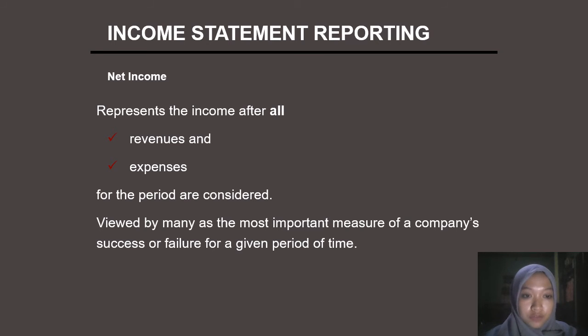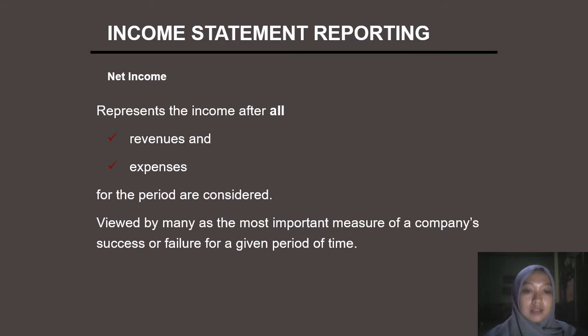Number 1, revenue. Revenue is the income that a business has from its normal business activity, usually from the sale of goods and services to customers. And number 2 is expense.